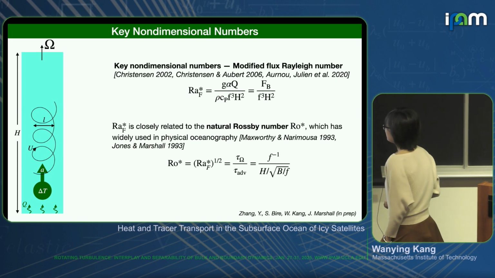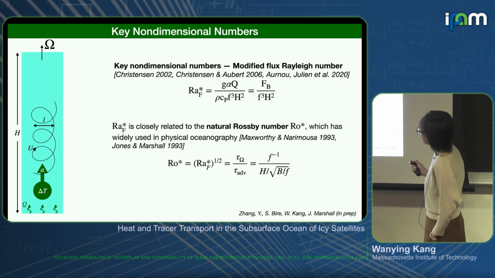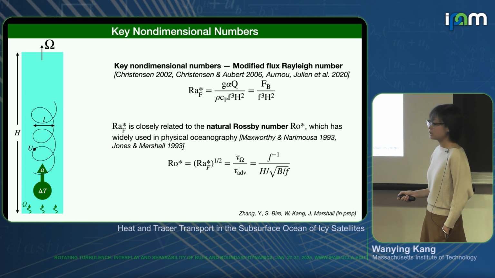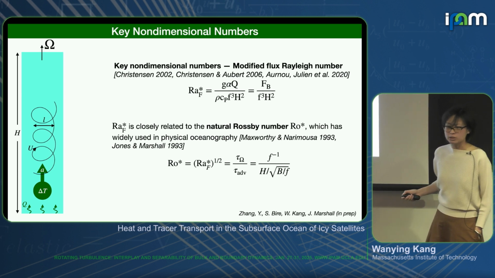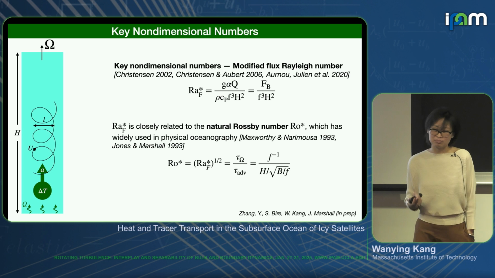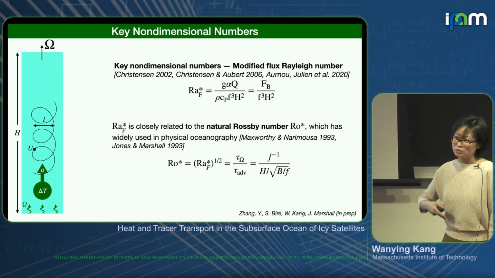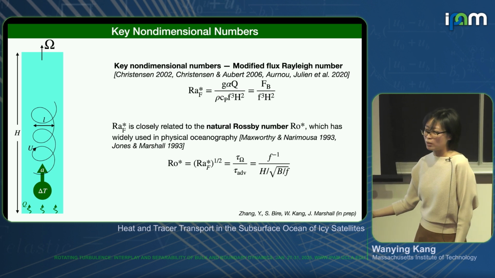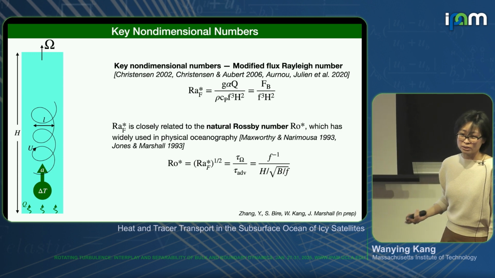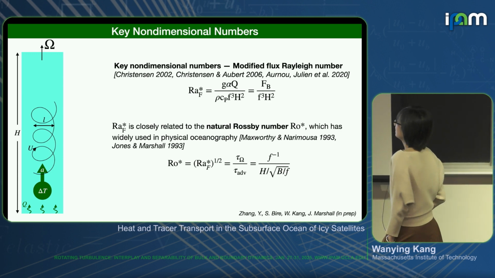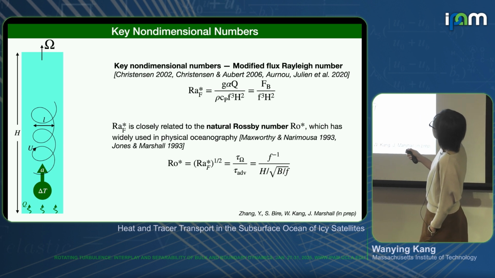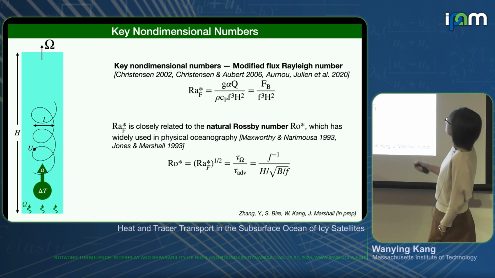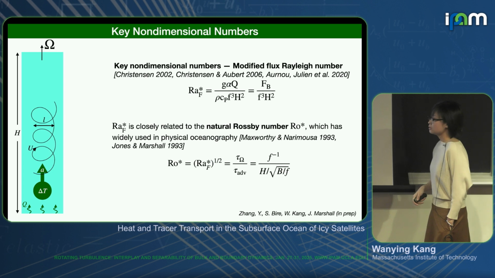The reason why we want to use the flux Rayleigh number is because before running the simulation, we don't really know delta T. That's a problem, right? If you set your model up to answer some question, but you don't really know what number to put in, it's a problem. So that's why we switch to the flux Rayleigh number.